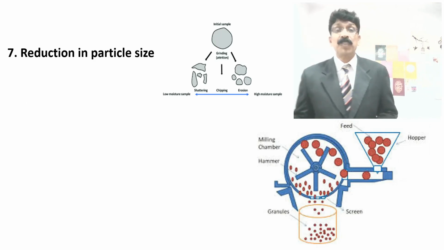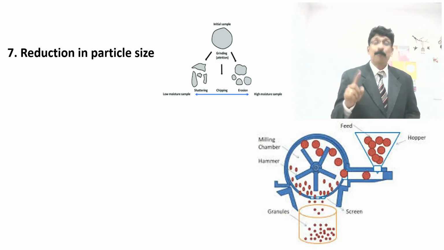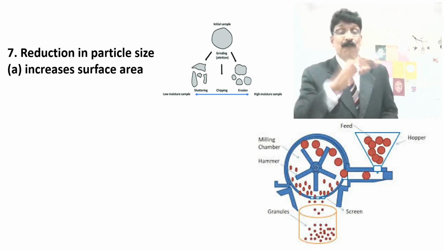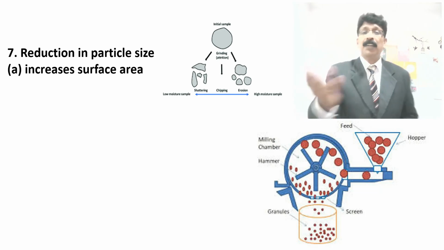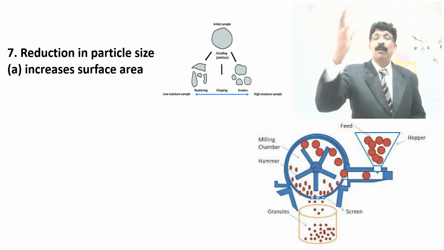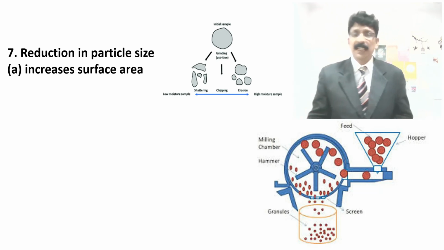The seventh question: reduction in particle size means what will happen? I told this in the first slide itself. When size reduction is happening, you can see in the picture that the bigger one, with its surface area, is broken into smaller pieces, four or five pieces, and the surface area will increase automatically.